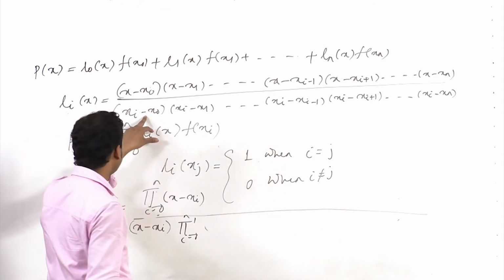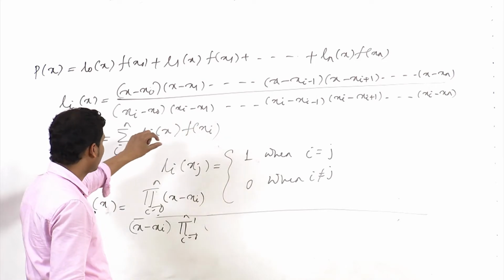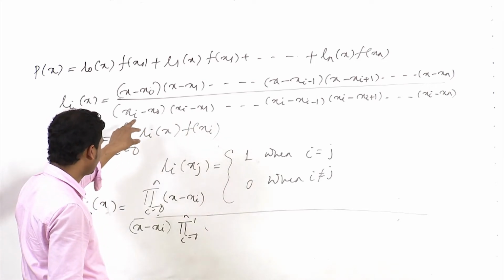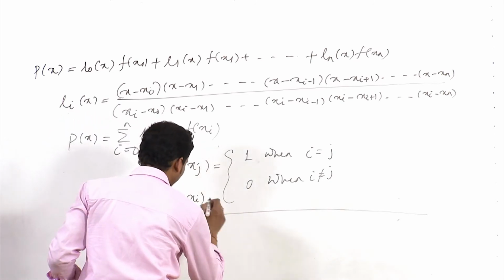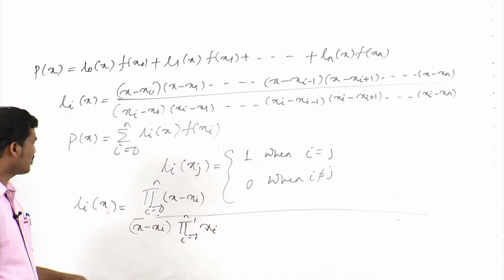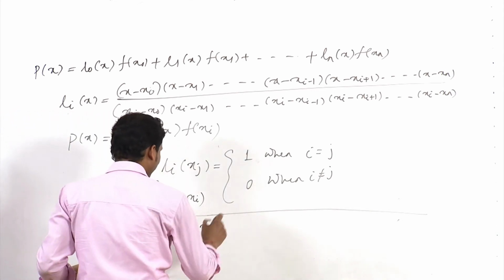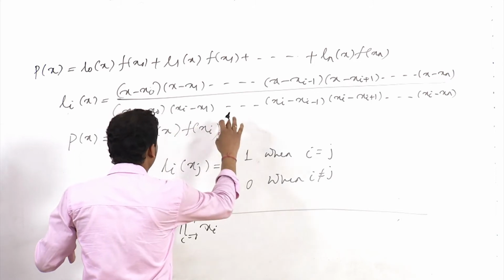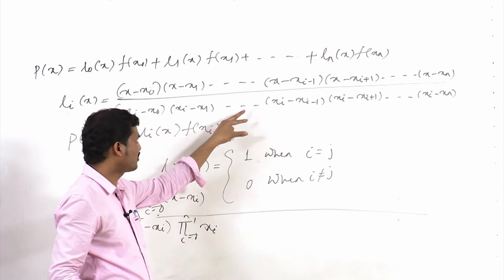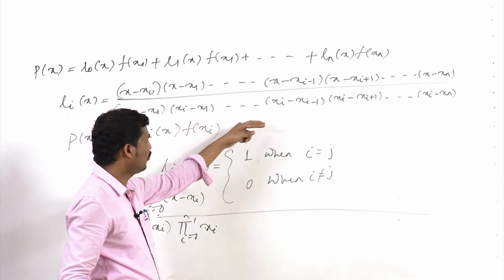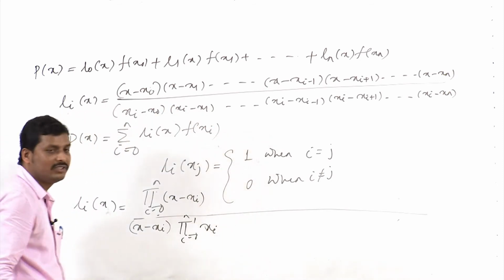Since these terms are written as xi minus x0, xi minus x1, if I take the derivative of this term with respect to xi, then I can write pi dash of xi here. So we can denote it in our convenient derivative form: if I take the expansion with respect to xi and take the derivatives, then except this xi term, all other terms will be 0.